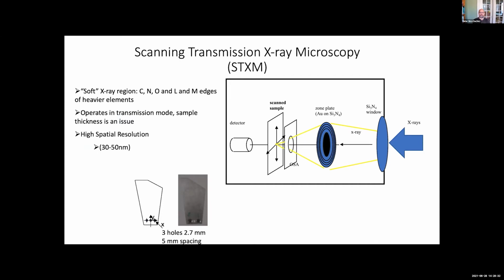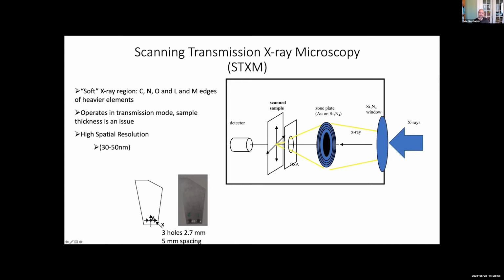As Satish said, we're going to talk about different techniques. The main technique I'm going to talk about today is STXM, scanning transmission X-ray microscopy. Bhupesh provided some background on this, but just for those of you who weren't here this morning, I'll present again this little bit old, but basically accurate picture. STXM is a scanning technique where X-rays come in and are focused down through a zone plate onto a sample stage.